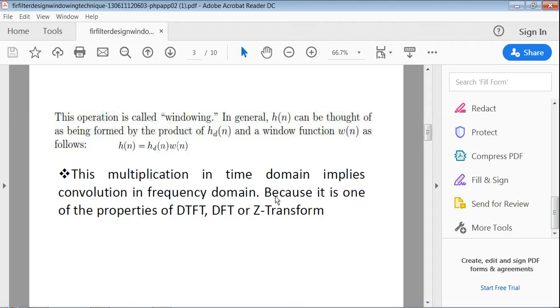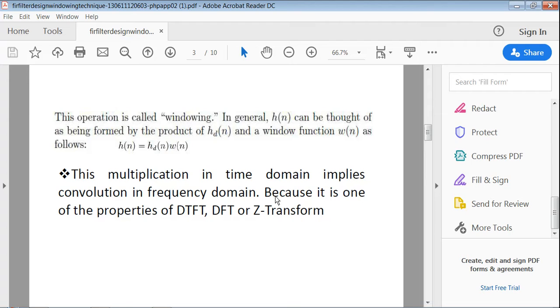Windowing means we are taking the selected samples. We are not going from minus infinity to plus infinity. We have to truncate the series within the particular limit. That is called the windowing technique. Now our impulse response, whatever we have to calculate, is equal to our Fourier coefficient hd of n into w of n, where w of n is the window coefficient.